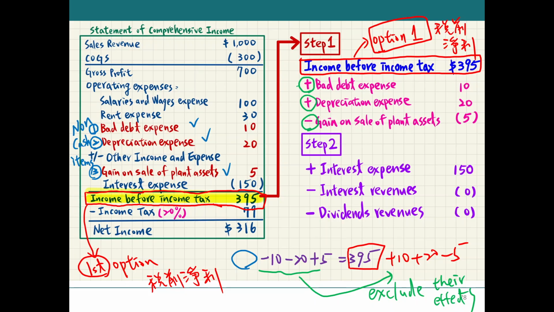So what are we doing right now? We try to exclude their effect. Exclude non-cash items. Okay, any questions? So based on $395, we exclude non-cash items.